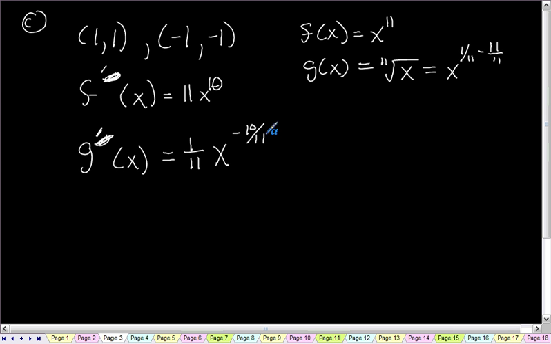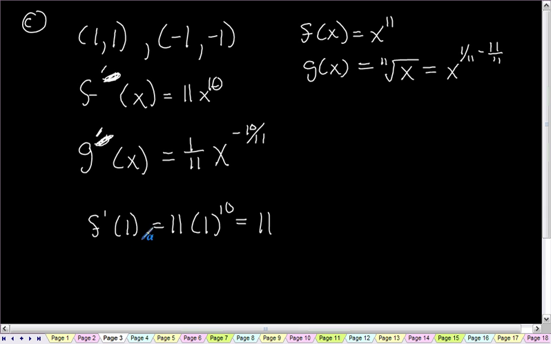I want to know the value of f prime at 1 and at negative 1. So f prime at 1 is just 11 times 1 to the 10th power, which is just 11.